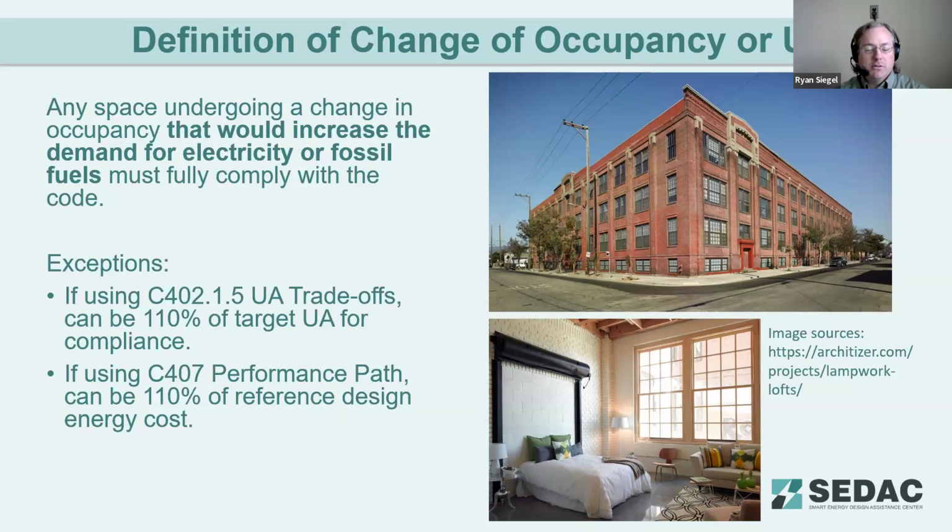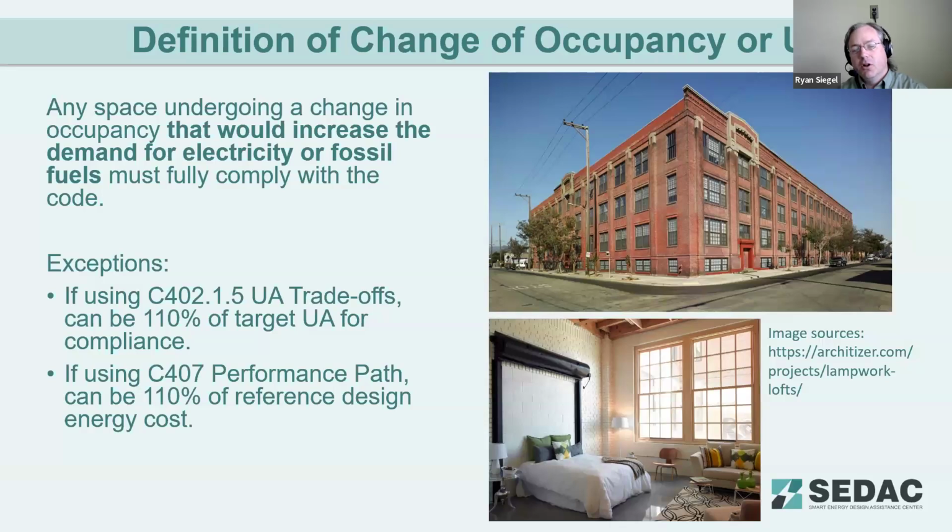Typically, jurisdictions will use a method to say, do I need to upgrade either the gas service or electric service or larger HVAC equipment? So if I have more demand for cooling, more demand for electric, or more demand for natural gas, that is indicating this is an increase in demand for electricity or fossil fuels, and therefore likely to trigger this provision.